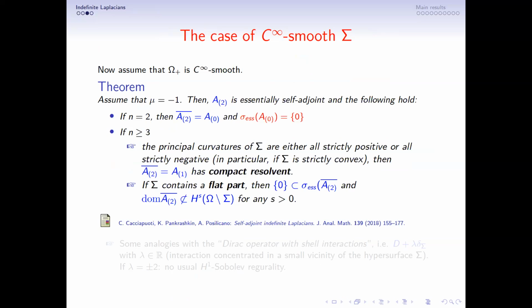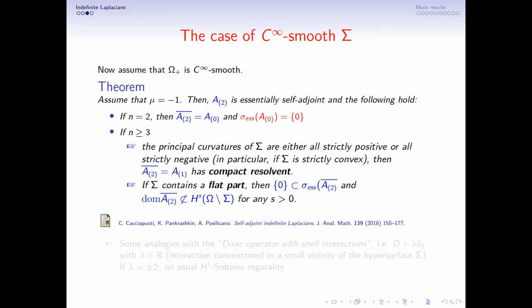So in this critical case, if you assume that you start with H2 Sobolev regularity, then in fact it was shown by Cassano, Pankrashkin and Pizzichillo that in this case your operator is essentially self-adjoint. I mean the closure is self-adjoint.